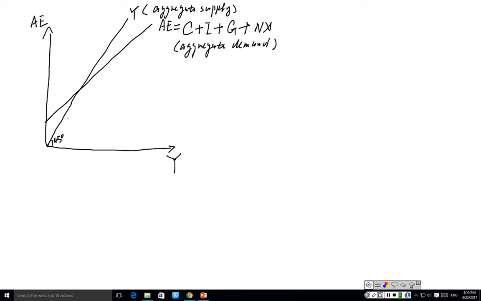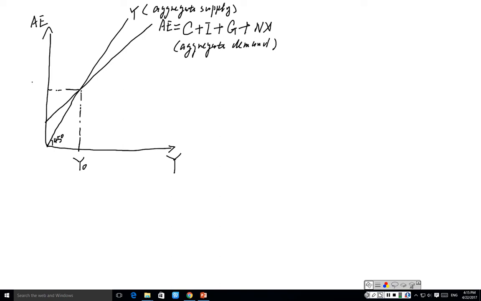The following idea is the same as the microeconomic model we studied. Supply curve and demand curve determine the equilibrium point. So in our model, the aggregate expenditure curve and the output curve Y will tell you the equilibrium output. The equilibrium output is the intersection here, Y0.